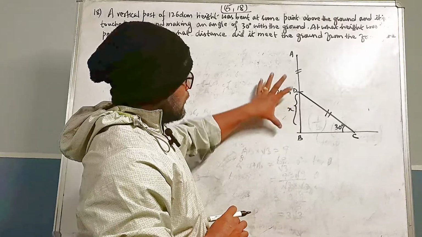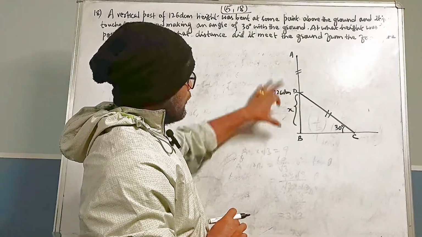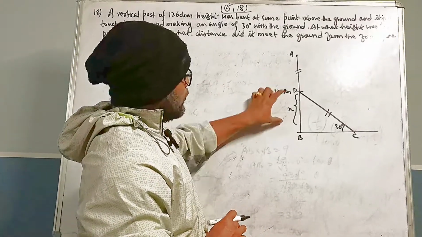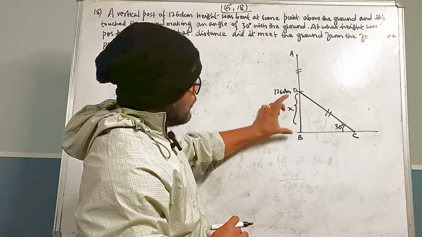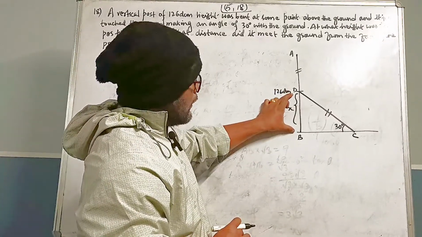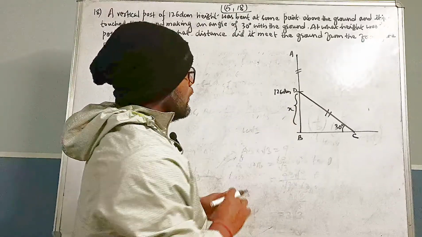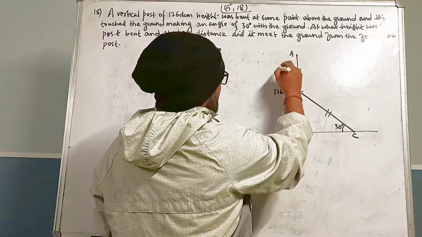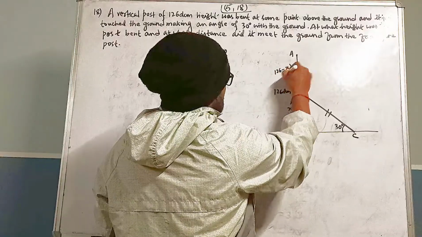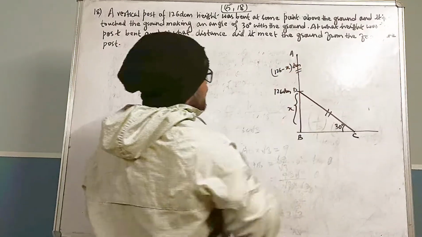Okay, so the whole height of the post is 126, and suppose DB be the height at which the post was bent, x decimeter, then what will be the value of AD? 126 minus x decimeter. Clear?